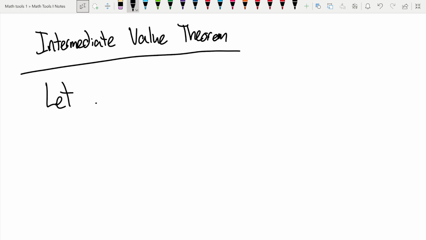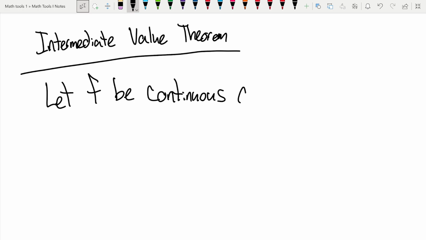So let f be continuous. And this is how a lot of theorems start, especially in calculus. Continuous functions have a lot of nice properties that discontinuous functions might not have.